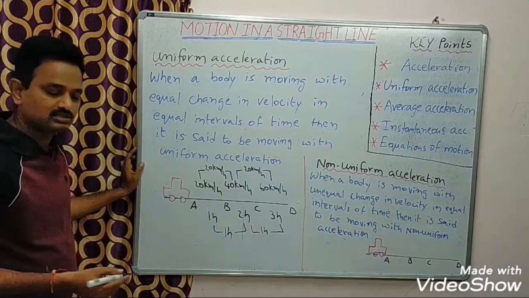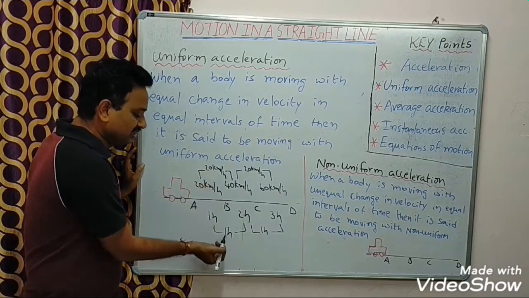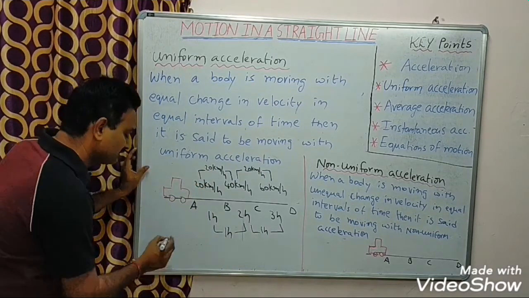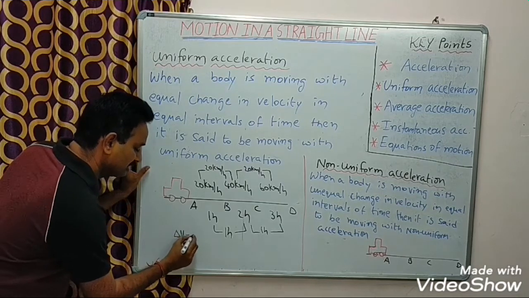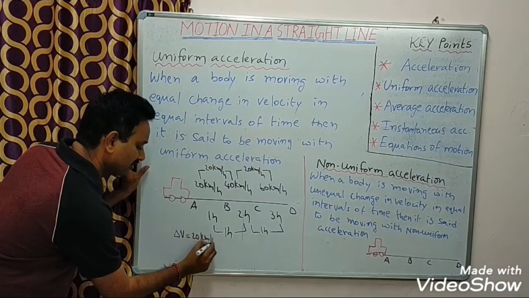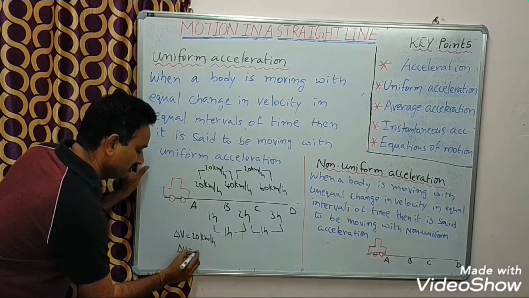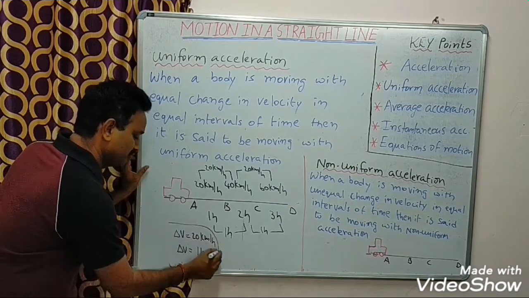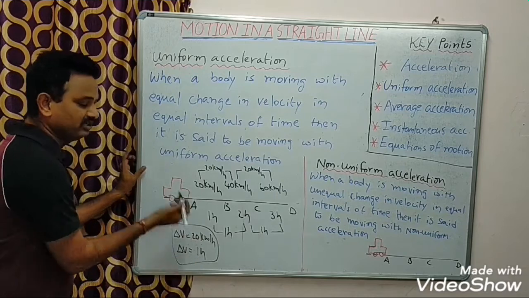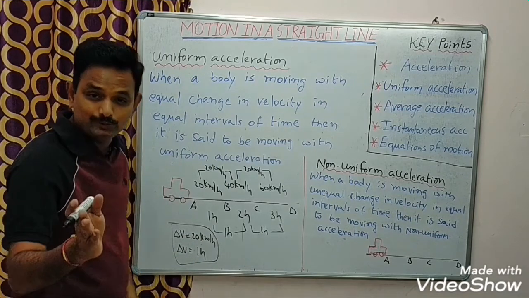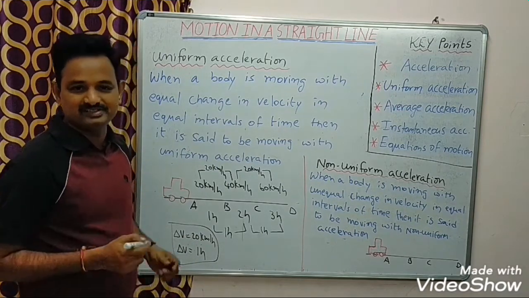Here there is an equal change in velocity in equal intervals of time, that is 20 km per hour in 1 hour. So here the car is moving with equal change in velocity in equal intervals of time, then it is said to be moving with uniform acceleration.